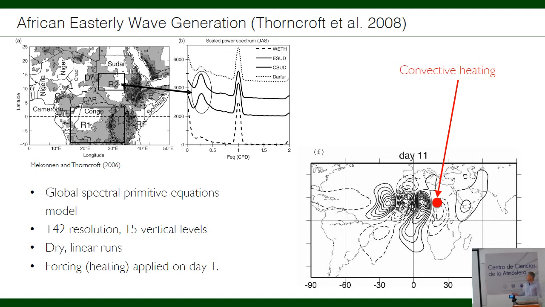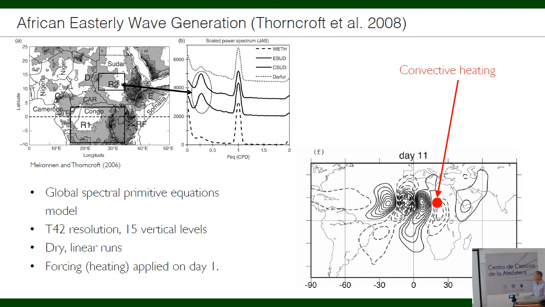One group that showed that very nicely worked with Chris Thorncroft at the University at Albany in New York in the United States. They took a very simple atmospheric model, essentially with no moist convection and no precipitation processes within it, a dry model, relatively coarse, with a grid spacing of about 200 kilometers on a side.